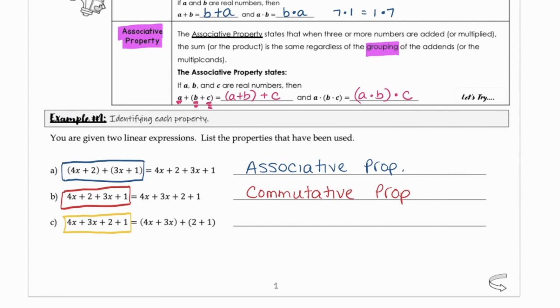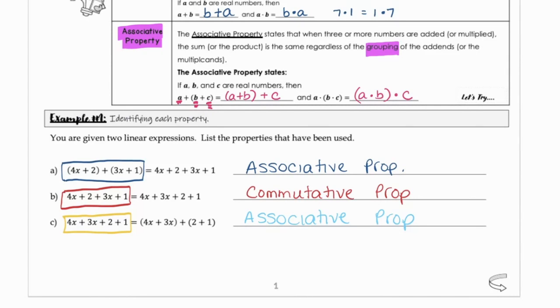So we have 4x plus 3x plus 2 plus 1. And then I get 4x plus 3x in parentheses plus 2 plus 1 in parentheses. Again, all of a sudden, those parentheses came back, making my grouping associative. There is no distribution here because I'm leaving distribution for our next problem.